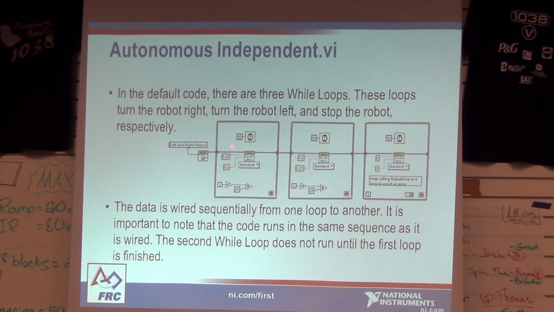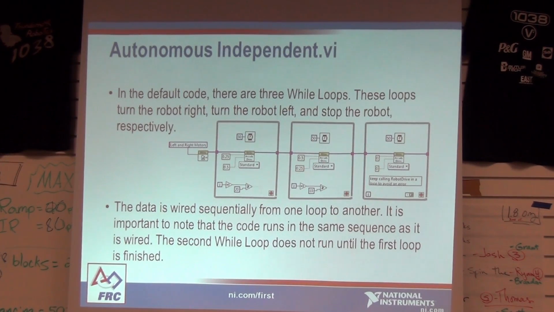What I'm doing here is setting the speed on each of those. This would be PWM1 speed, this would be PWM2 speed. If my left is driving slower than my right, I'm going to be turning left. So this is a turn left, and I'm going to do that for 20 iterations.